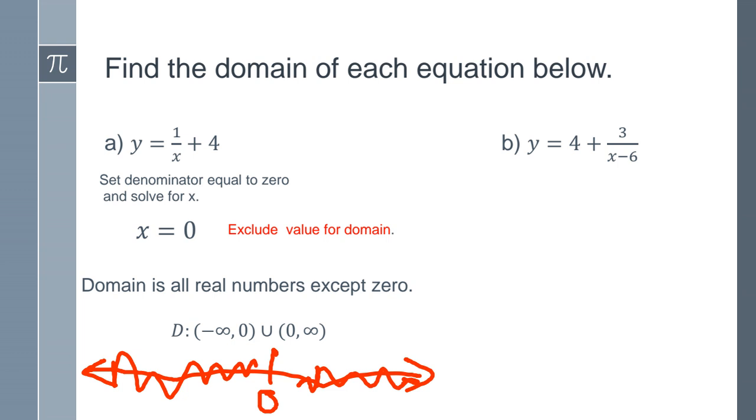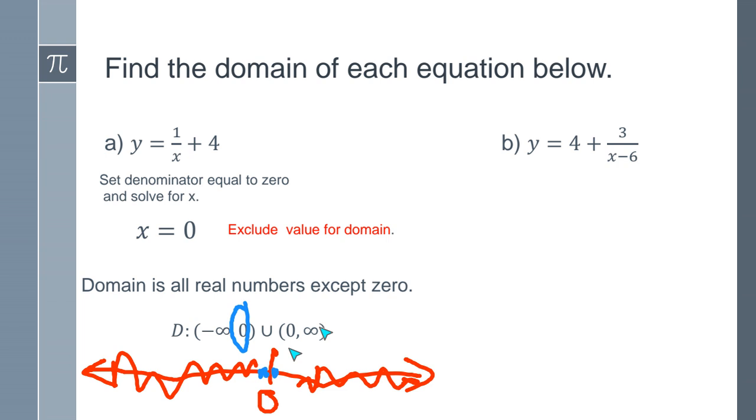We have so many numbers that are close to 0 that we can't really identify them, right? So we write the number 0, but we use a parenthesis to represent that we're really not using 0, but we're using all those extra little numbers that are close to 0. So anytime that you want to exclude something, we use parentheses. If you want to include it, then we use brackets, which we'll see in a little bit.